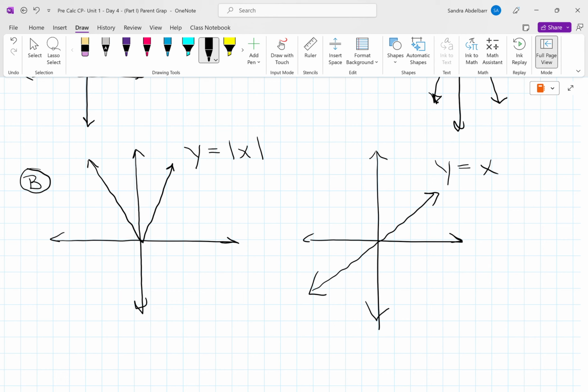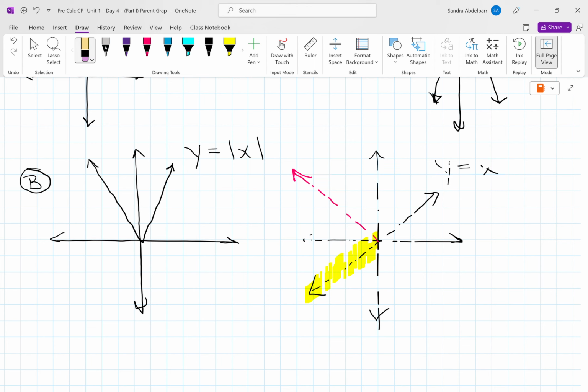So essentially, we're taking this whole area and making it positive. How do we make that whole area positive? It ends up looking something like that. Makes sense, right? So when we have an absolute value of an x with a degree of 1, it's going to look like a v.